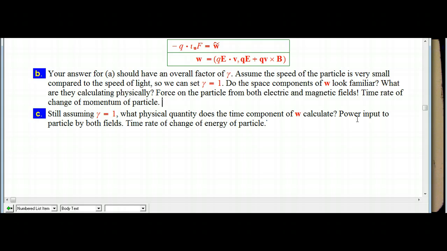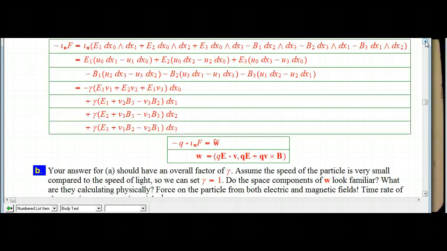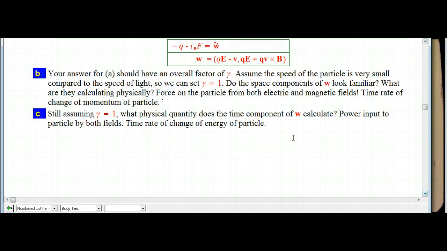And that's very interesting. It gives us a hint about something in relativity. What we're getting is that this W vector, this four-dimensional vector, is equal to dE/dt in the time component, and dP/dt in the three space components.